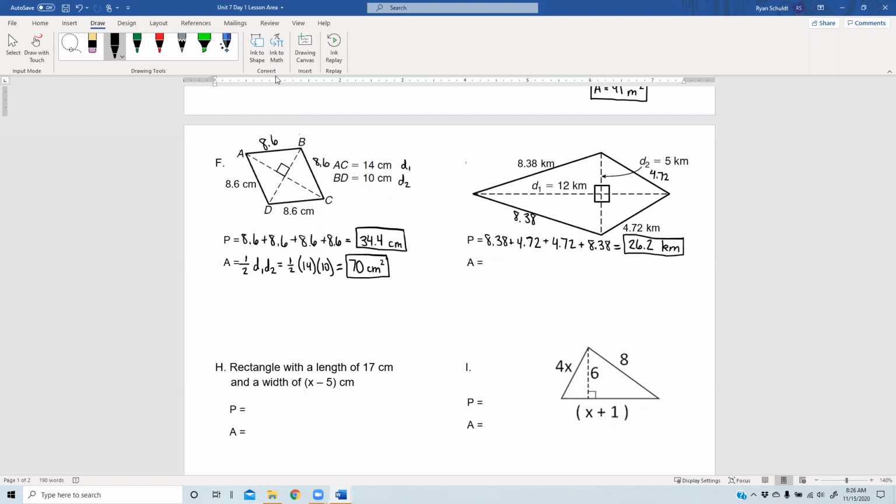Okay, now to find the area. The formula for the area of the kite is the same as it is for a rhombus. 1/2 D1 times D2. So D1 they tell me is 12. They tell me D2 is 5.